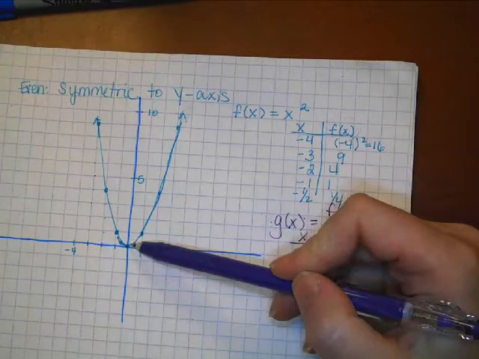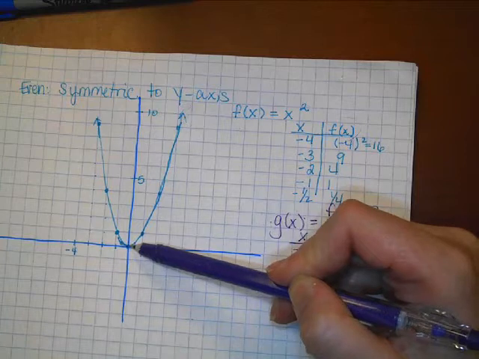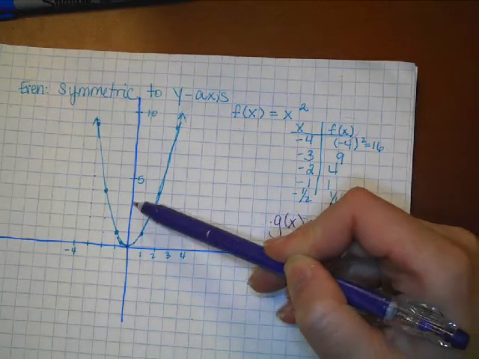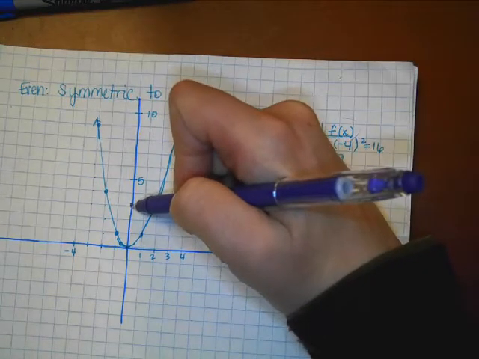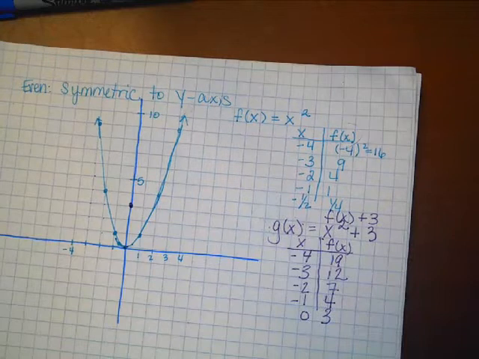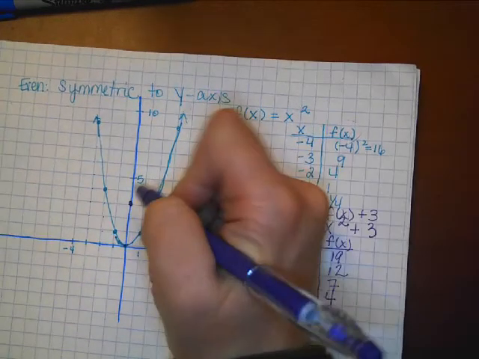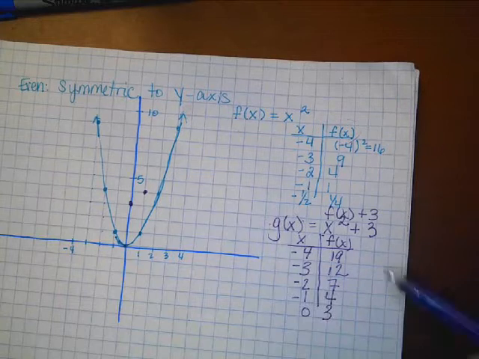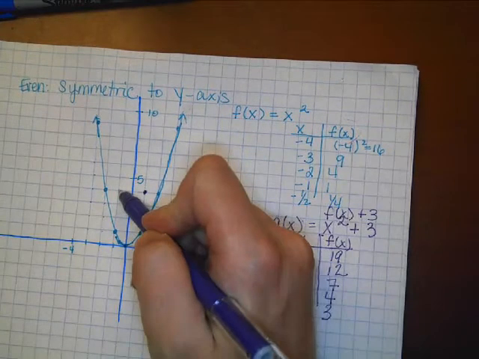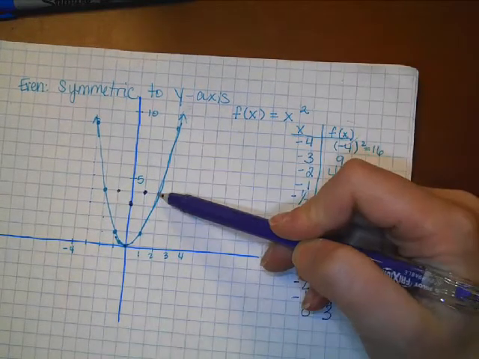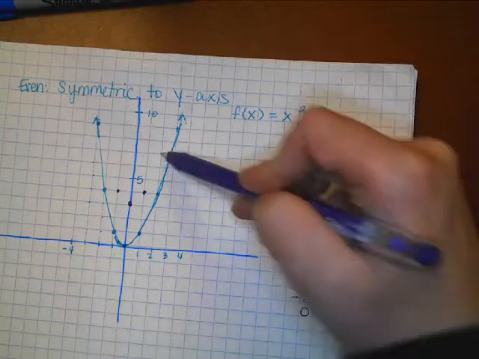So what this does is it takes every value and shifts it up 3 units. So 0, 0 shifts up 1, 2, 3 to be at 0, 3. This 1, 1 shifts up 1, 2, 3, okay, to be at 1, 4 and -1, 4.